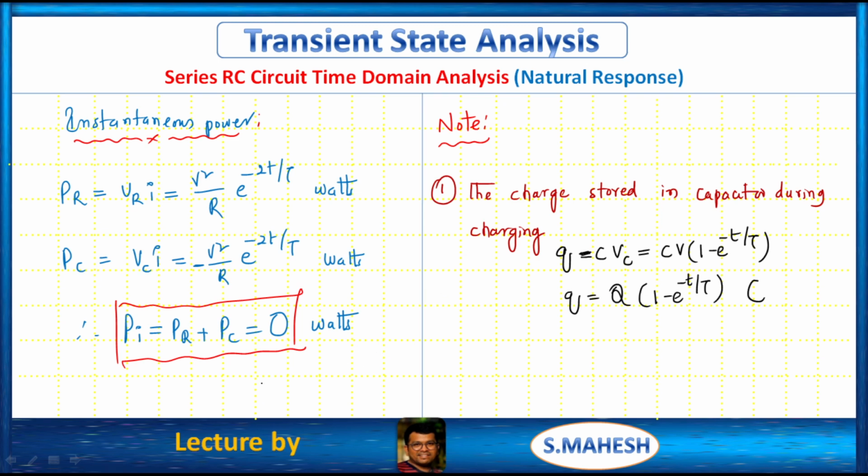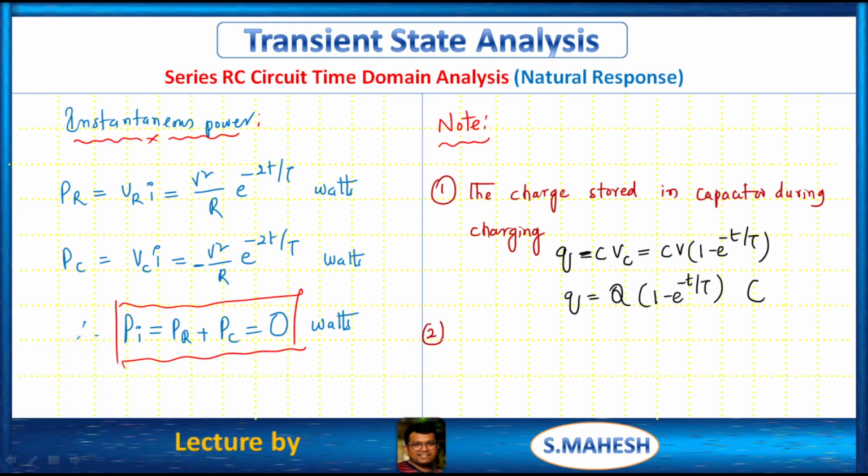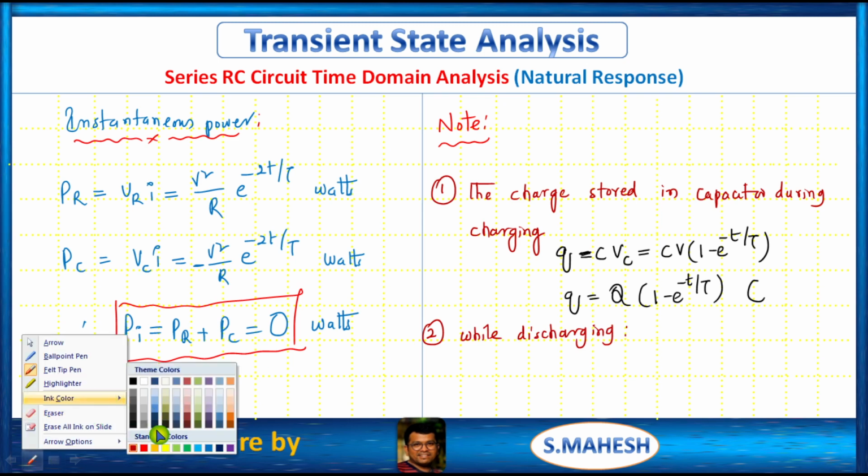Like that, while charging. Charging means what? Exponentially rising. Here 1 minus e power minus t by tau. Simply it is exponentially rising, right?